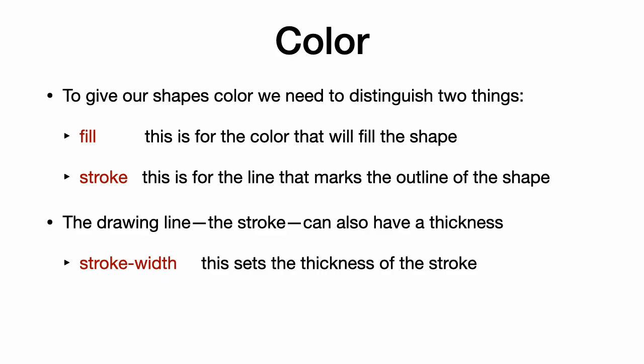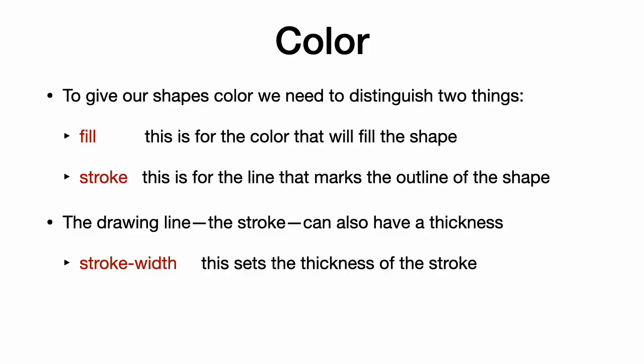Drawing shapes is fine, but we also want them to look nice. First, we want to add some color. For color, we need to distinguish two things. One is the color that we will use to fill the shape, and the other is the color that we will use to draw the line that defines the shape.